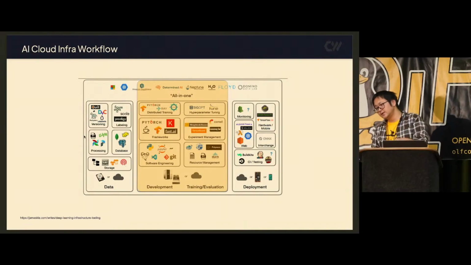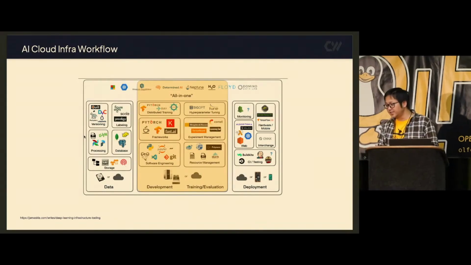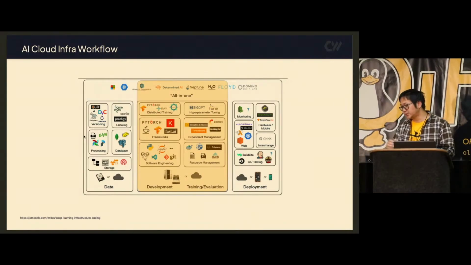Also, there's some difference from the traditional cloud. When we do machine learning, we know there's a bunch of data there. So you see on the left side, it's quite a bit about the data set. And if you look at the center, because they need to do all kinds of HPC, high performance computing, high density computing, they need some kind of framework to do that.